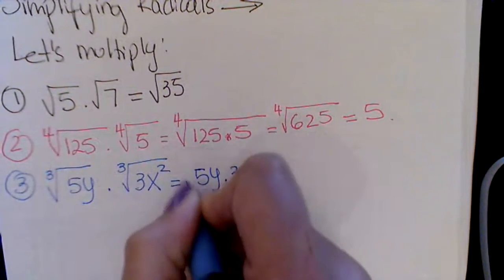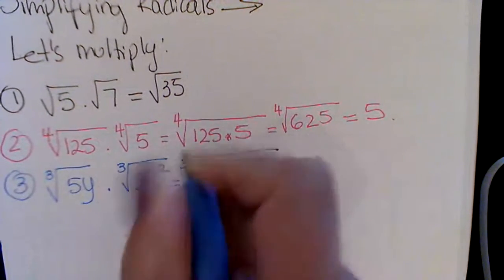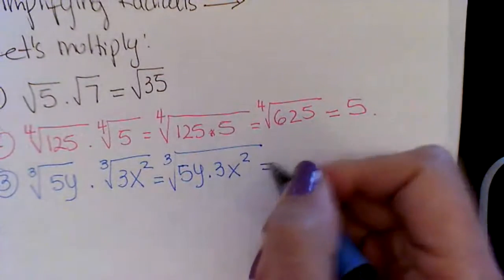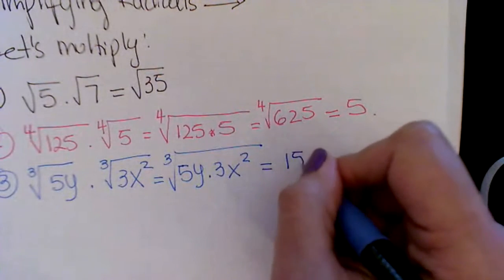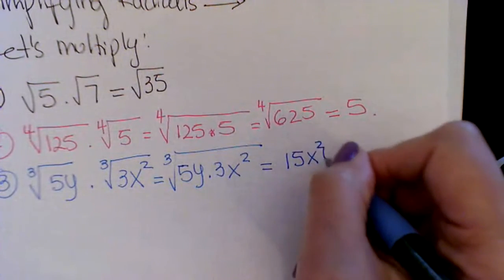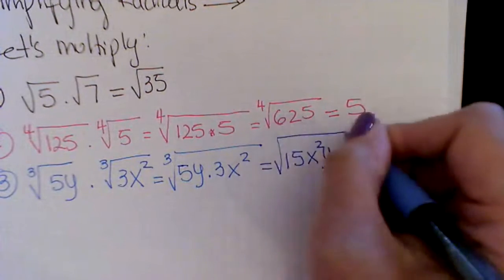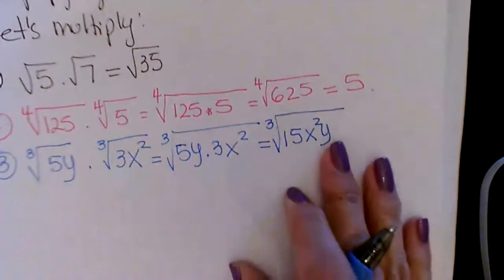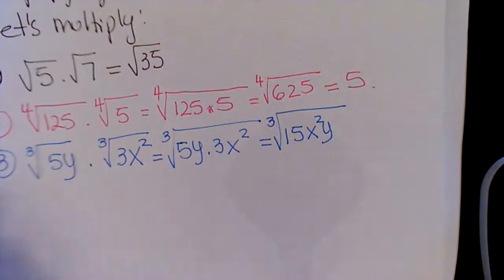I have the same index, so I could multiply the radicands. So right here inside, what do I get? I get 15x squared and y to the third power, and we're gonna leave it like that.